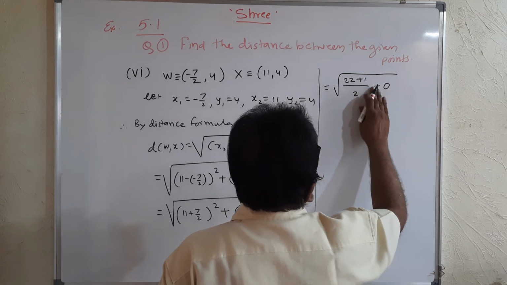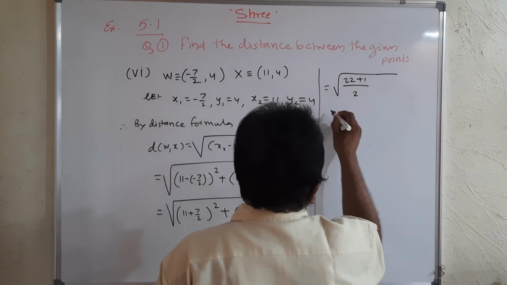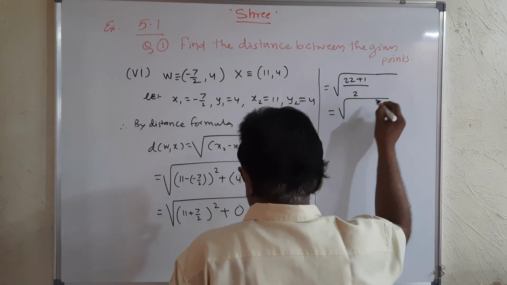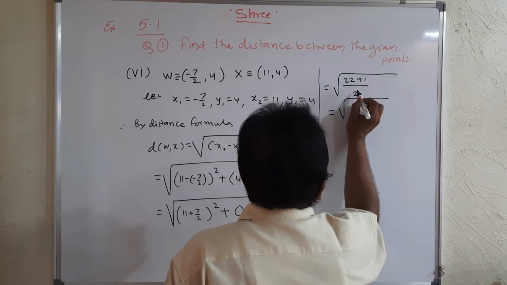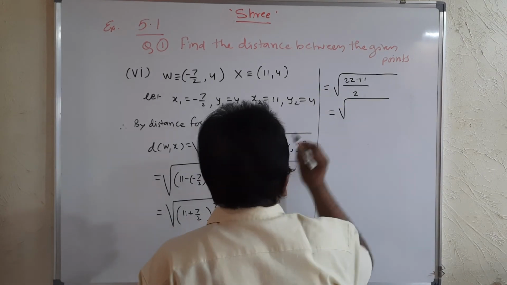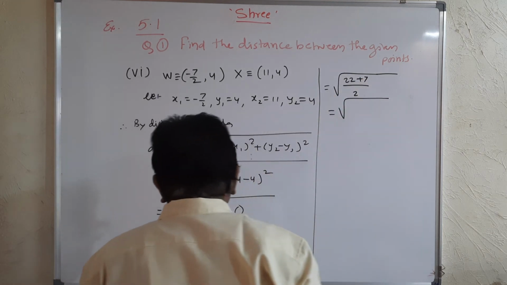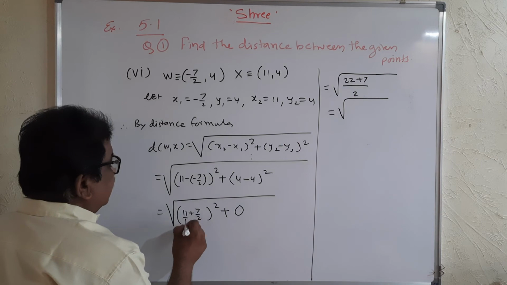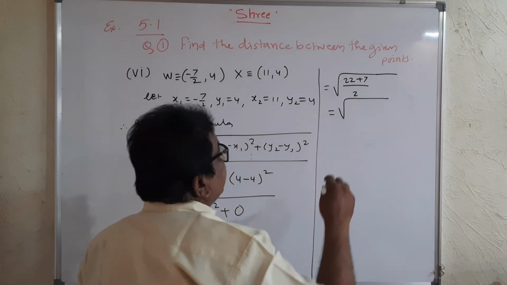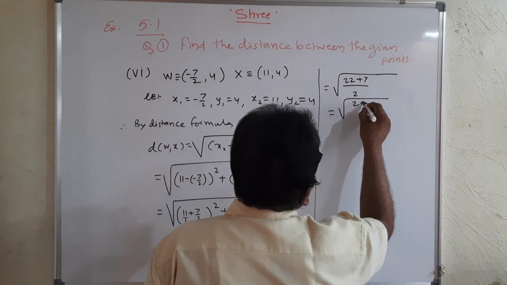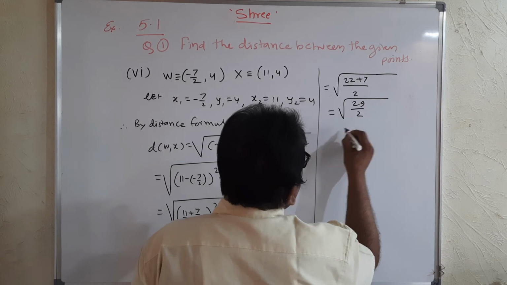Whether you are writing or not, it doesn't make any difference. So finally it will be 29 upon 2.